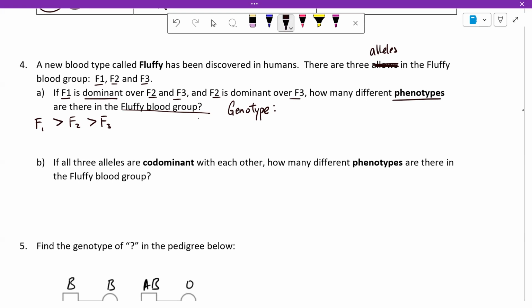So a person could be F1, F1. I'm just gonna keep it simple. A person could be 1, 1. Could be 2, 2. 3, 3. In other words, F1 F1, F2 F2, F3 F3. What other combinations are there? Please help me out.